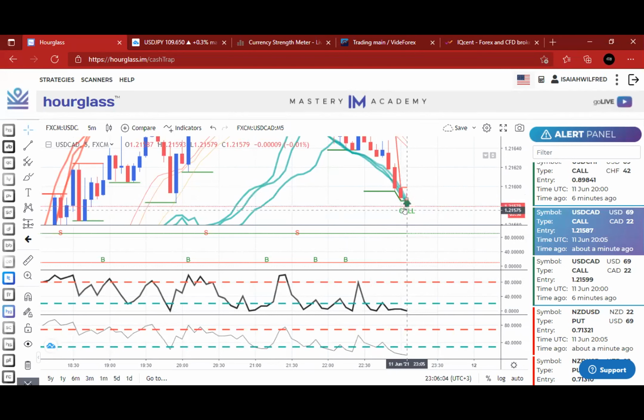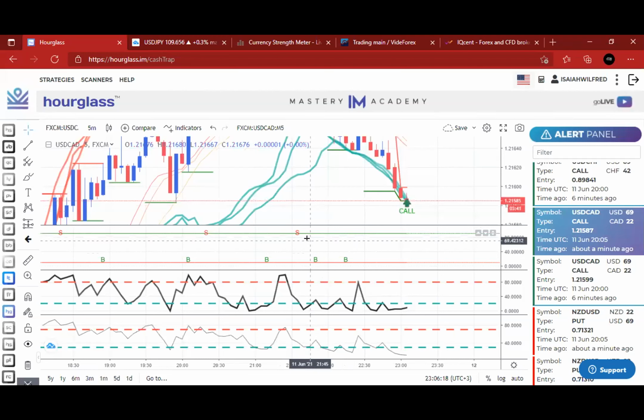So one thing I always do is that most times, once I check the currency strength meter, I look at the arrow, and I look at the support line. Sometimes I don't even look at these other things. Where my eye goes straight is the stochastic, because I've noticed that the stochastic is one of the major things that plays a major role in taking trades.